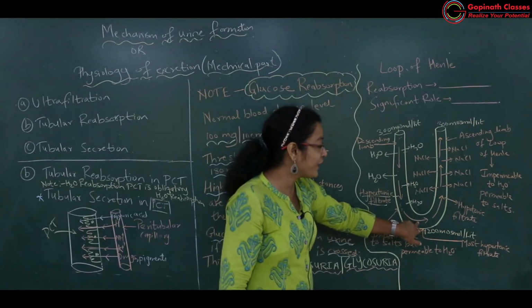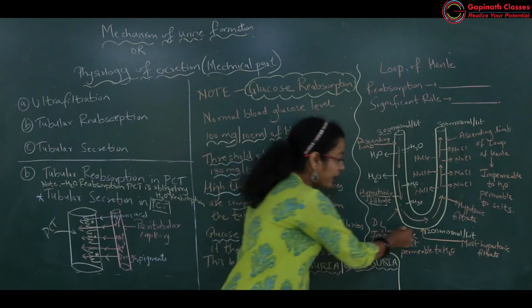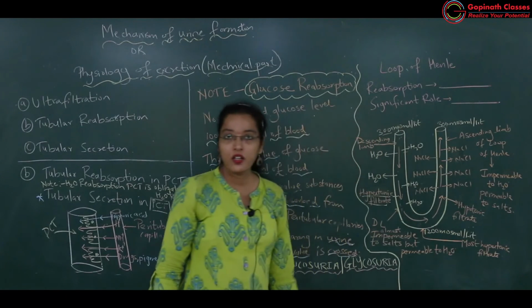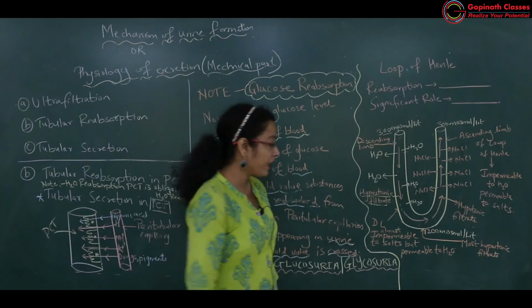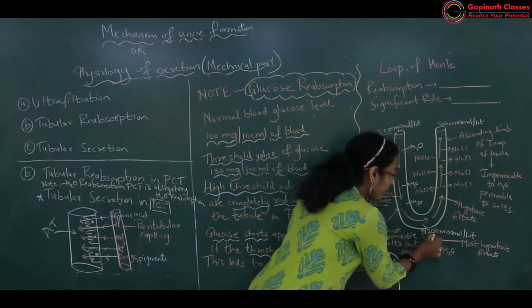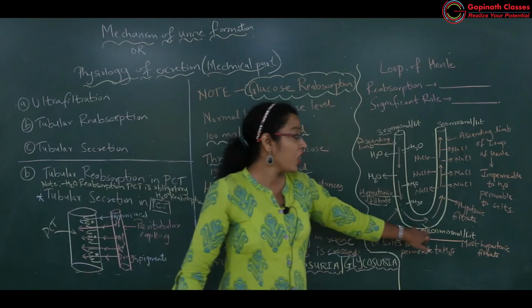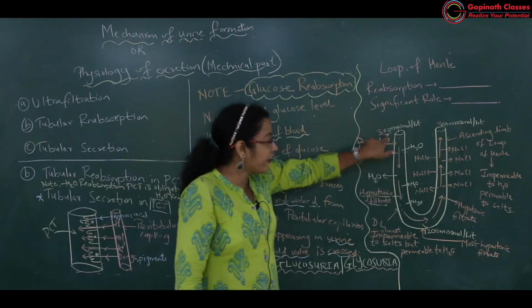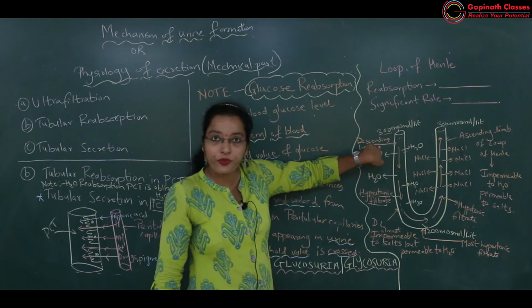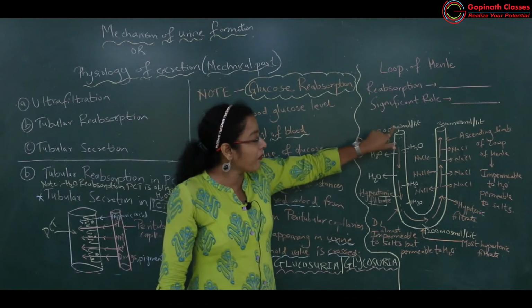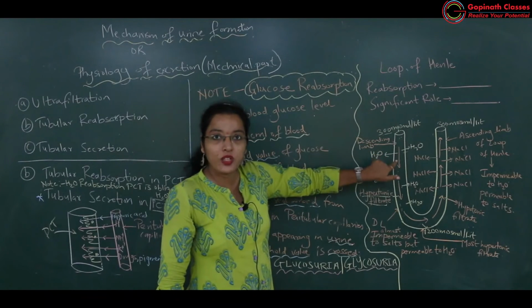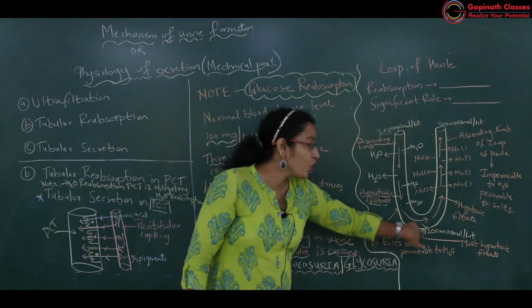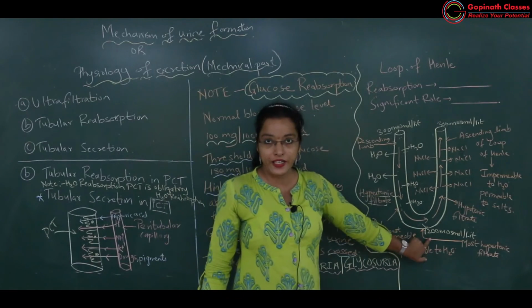So concentration of the nephric filtrate in this region will be more. सबसे ज़्यादा concentrated रहेगा. कितना सबसे ज़्यादा concentrated? How much it is? 1200 milliosmol. So पहले 300 था जब ये enter करता है nephric filtrate डिसेंडिंग लिम्ब में, बाद में 400, 600 होता है, 900 होता है, and then it comes to 1000 and 1200.